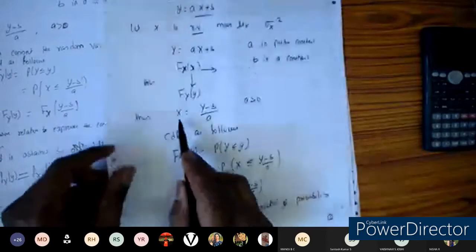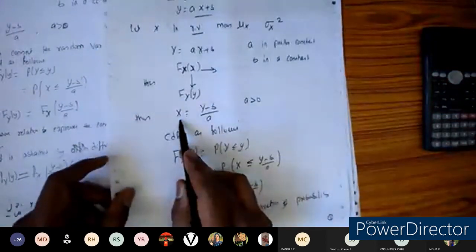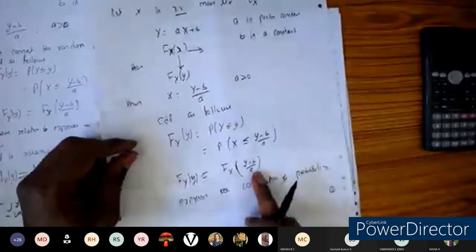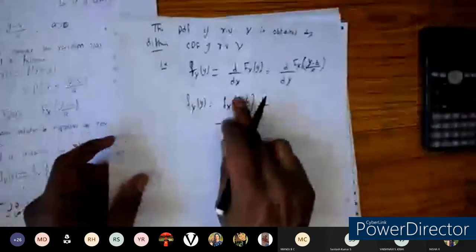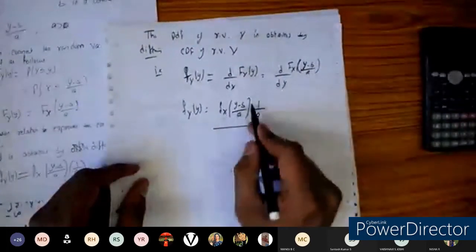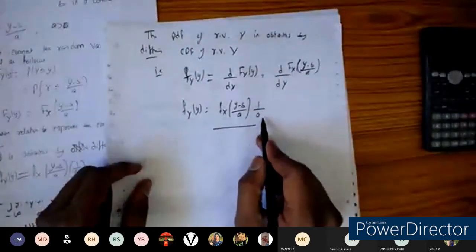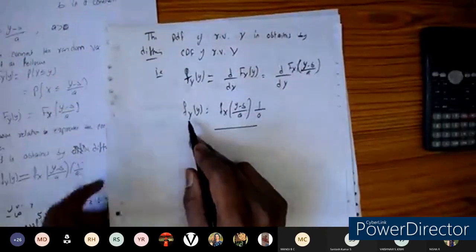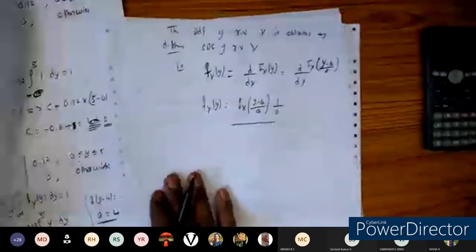We need to find the value of x here. If they give the CDF, that's fine. Or else if they give the PDF, we need to replace x with (y minus b) by a, and multiply with 1 by a. That's the PDF of the new random variable y.